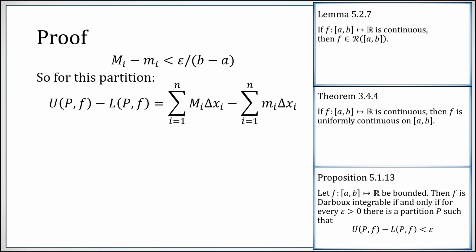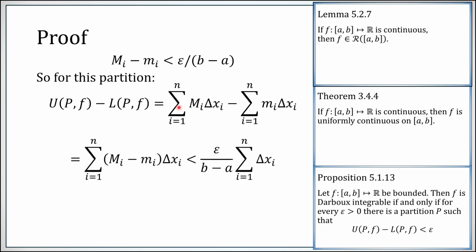Meaning when we add up such sums across all pieces of the partition, in other words, we recover the upper and lower sums. Here, the upper sum is simply the sum of capital M_i delta x_i, and here the lower sum is the sum of little m_i delta x_i. These are summed over the same range of indices with a shared factor of delta x_i, so we end up with this big M_i minus little m_i that we can factor out of every term of the sum.